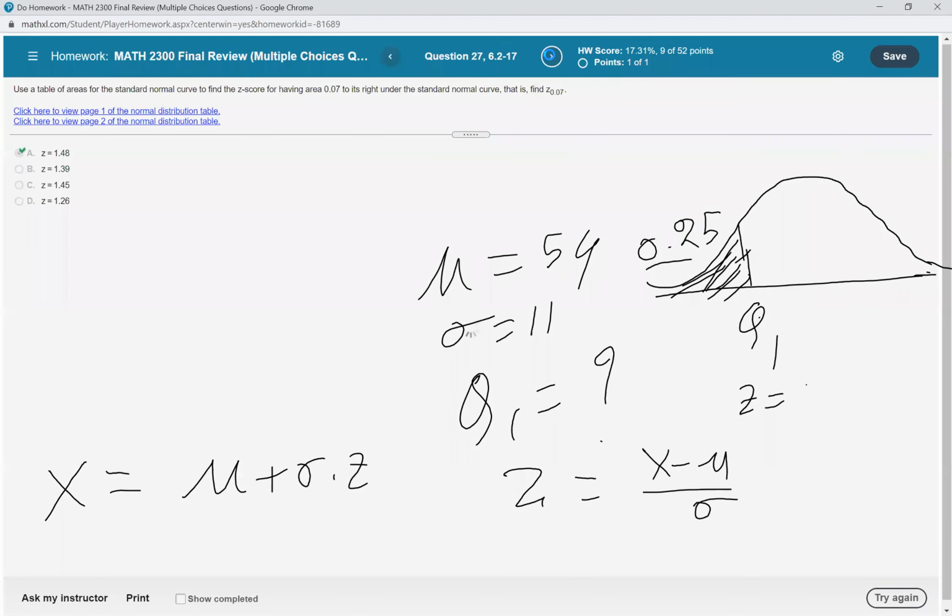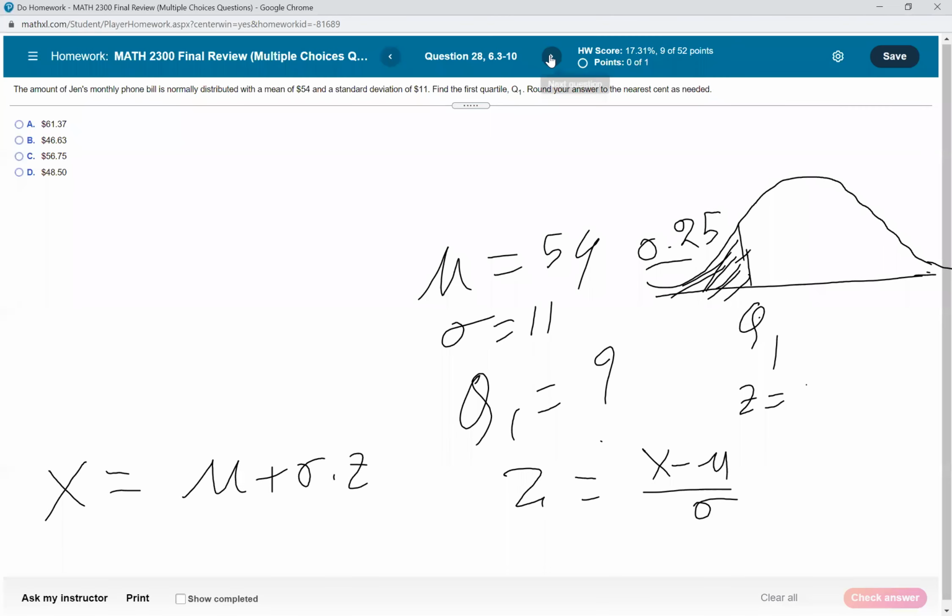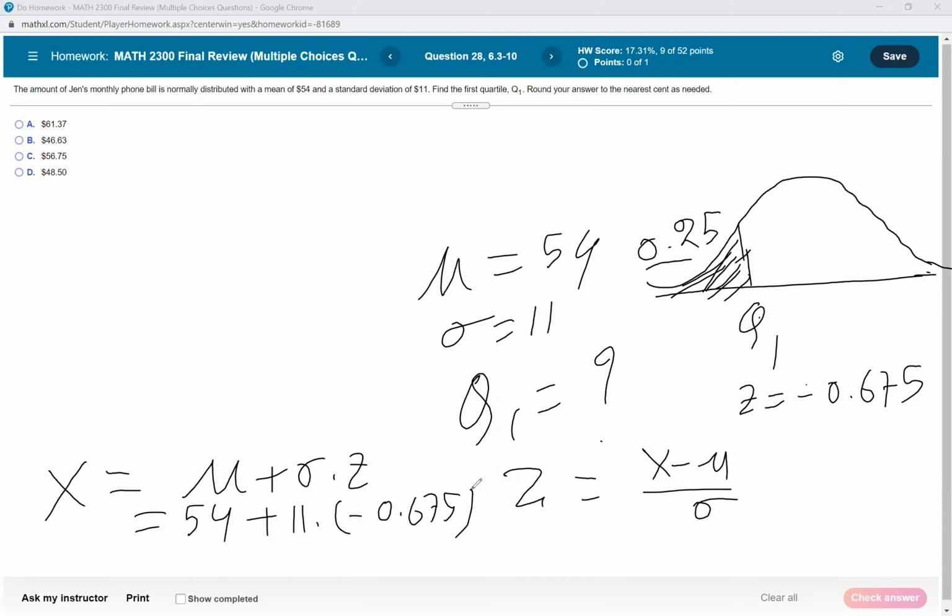Okay, so let me go back to the question. The corresponding z score is negative 0.675. So now we'll plug in all the numbers here: 54 plus 11 times negative 0.675, so it will be 54 minus 11 times 0.675.